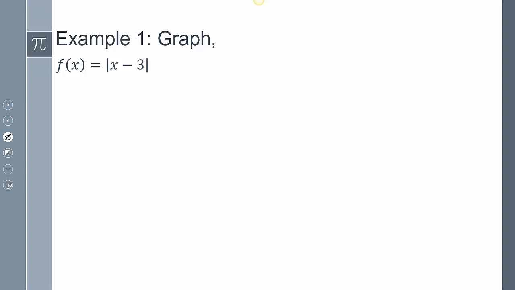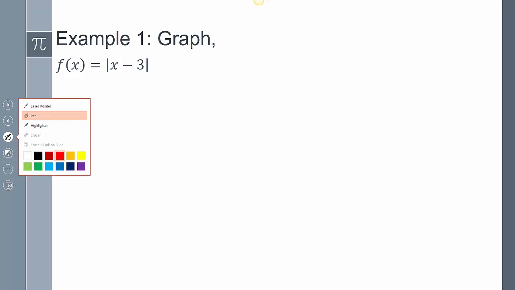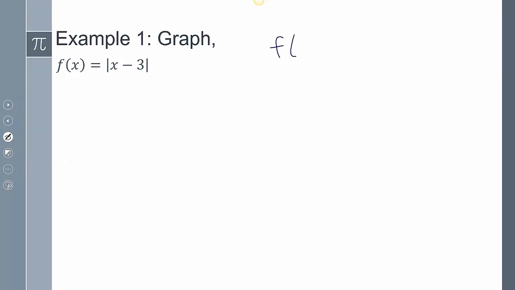It says f of x equals the absolute value of x minus 3. So I know by definition that this is going to be negative x if x is less than 0, and x if x is greater than or equal to 0.